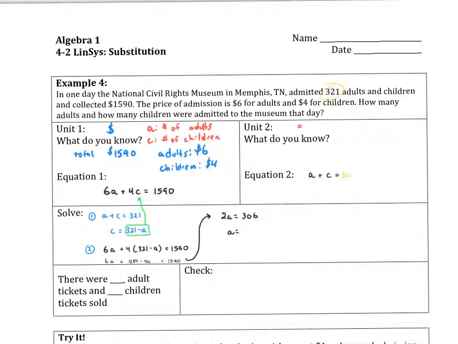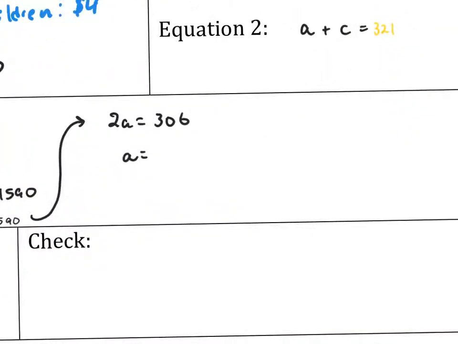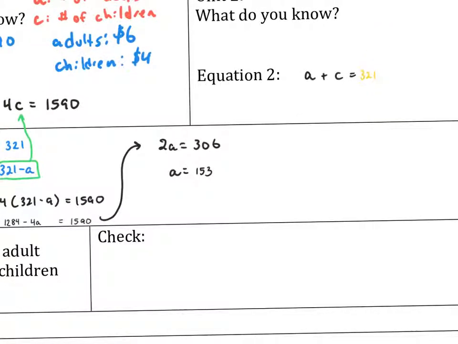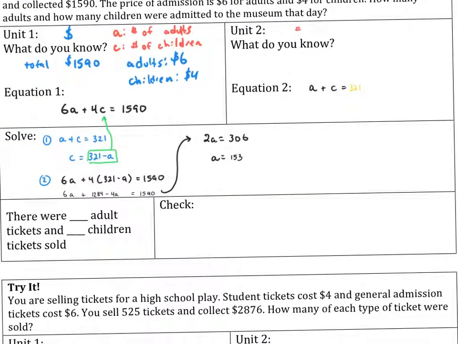Because this is a practical situation with practical application, we're expecting a certain number of adults, a positive number, and no decimals or fractions allowed. So I'm expecting the answer I get here to be reasonable. So when I divide by 2, I get 153. So far it seems to be 153 adults. Okay, so that's step 2.